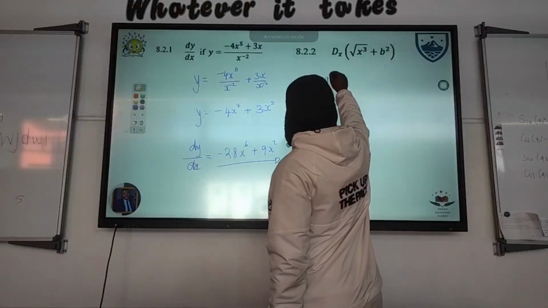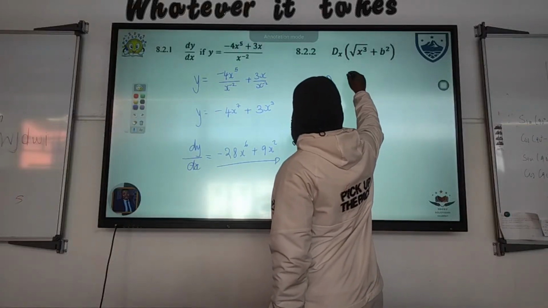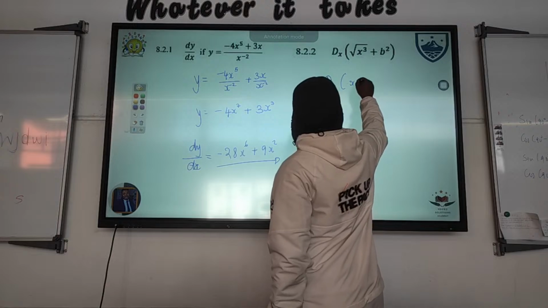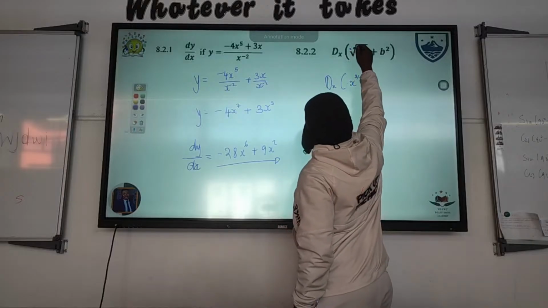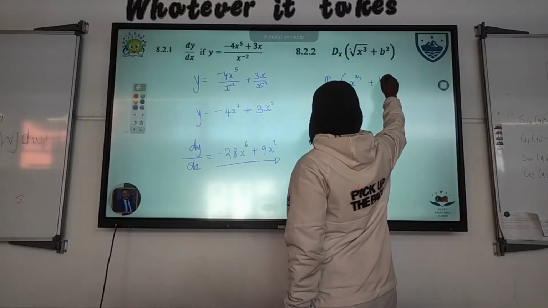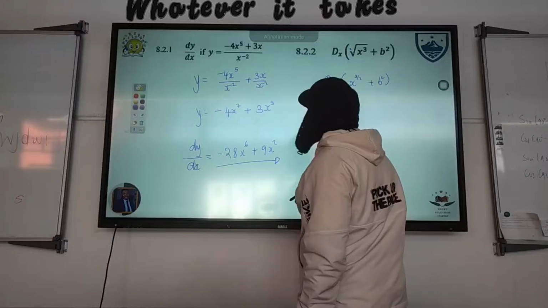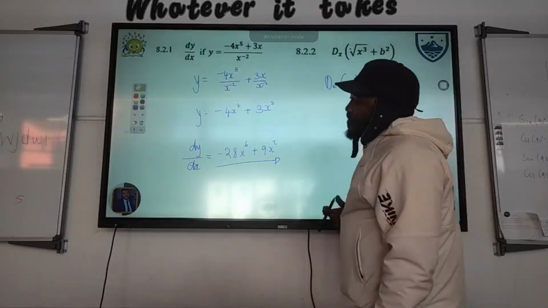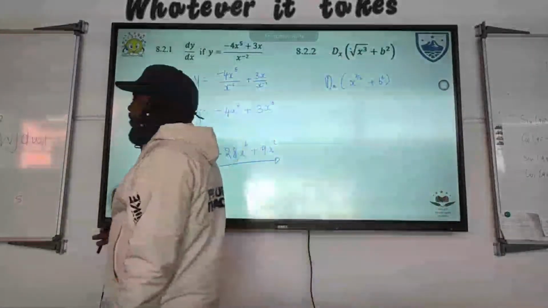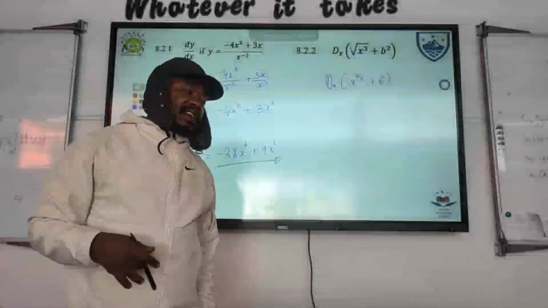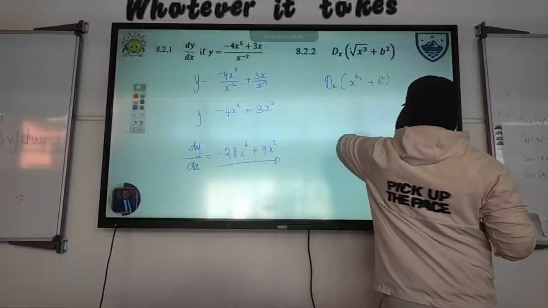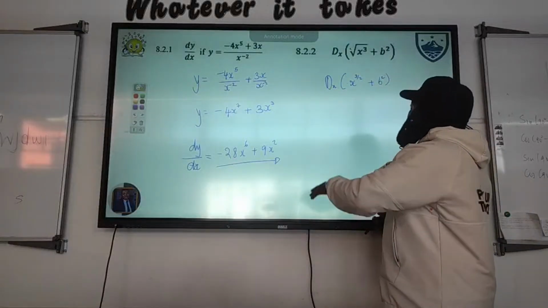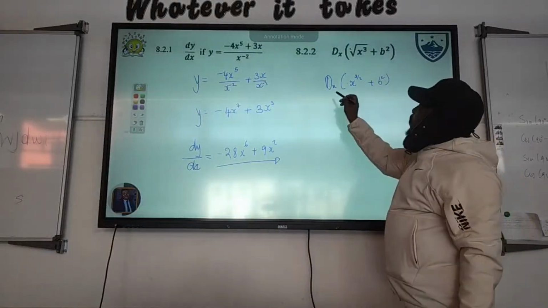The dx, let's simplify that. In the bracket will be x to the power of 3 over 2, because there was 2 inside there, and then we have b squared. Anything that doesn't have x will be regarded as a constant. So this b squared, because we're differentiating in terms of x, that's why we are having dx.